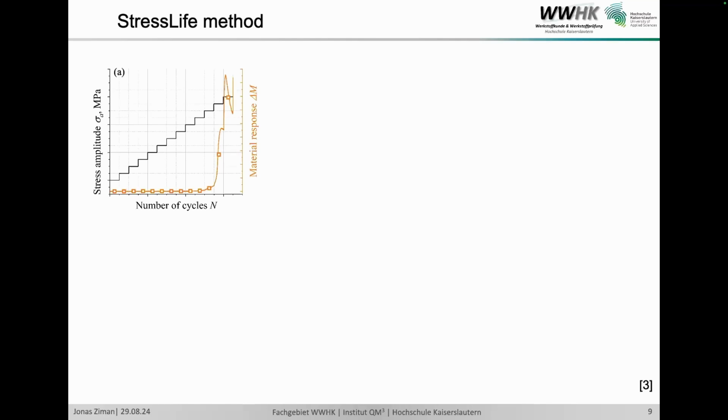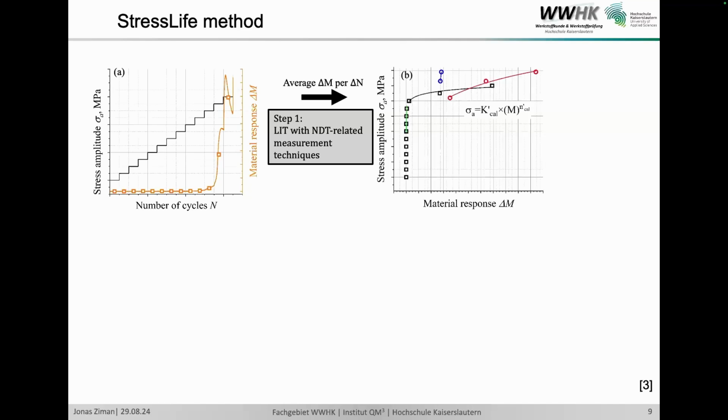As already mentioned, we applied the StressLife lifetime prediction method. Therefore, we do in the first step a load increase test with non-destructive technique-related measurement techniques. We get here the material response, which we are averaging per load level. We plot the corresponding material response with the respective stress amplitude in a Morrow equivalent plot.